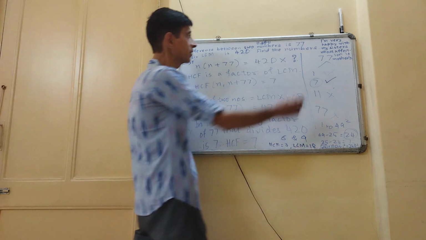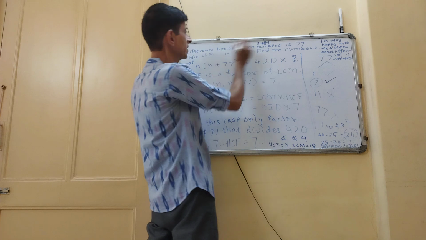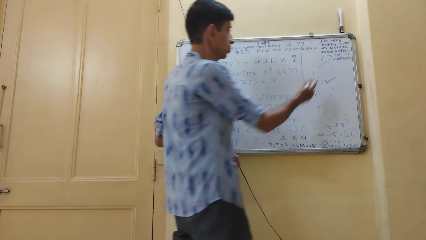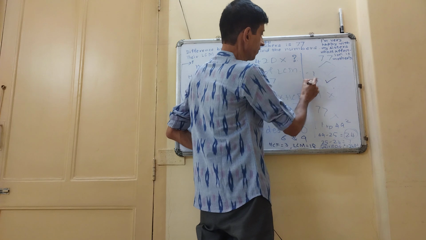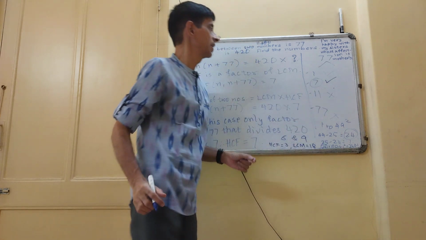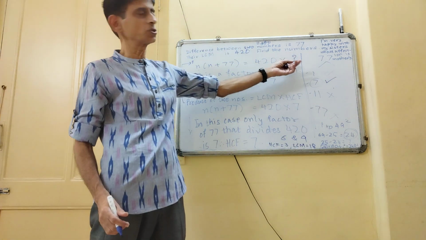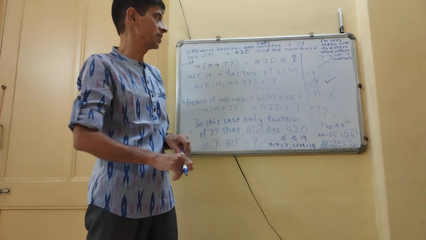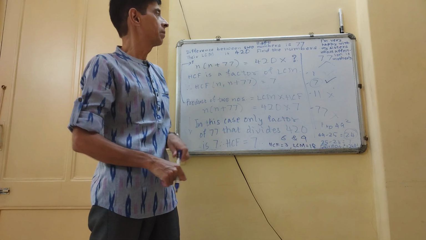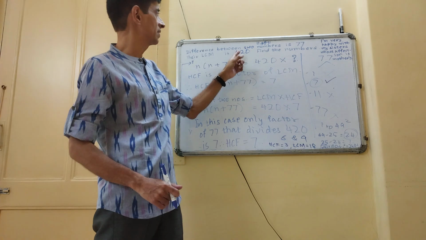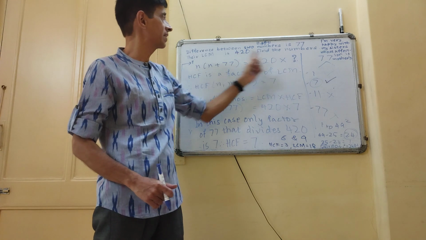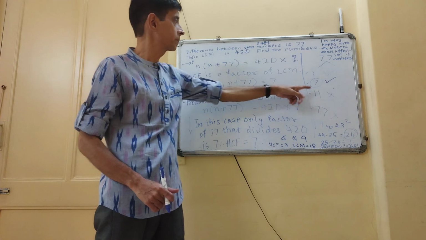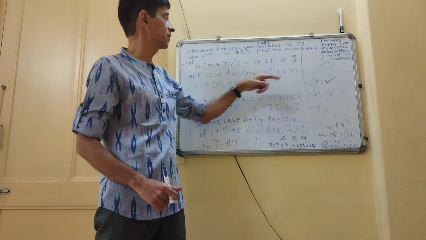Now, what they have given to us is that the difference is 77. So we can try out the factors of 77.